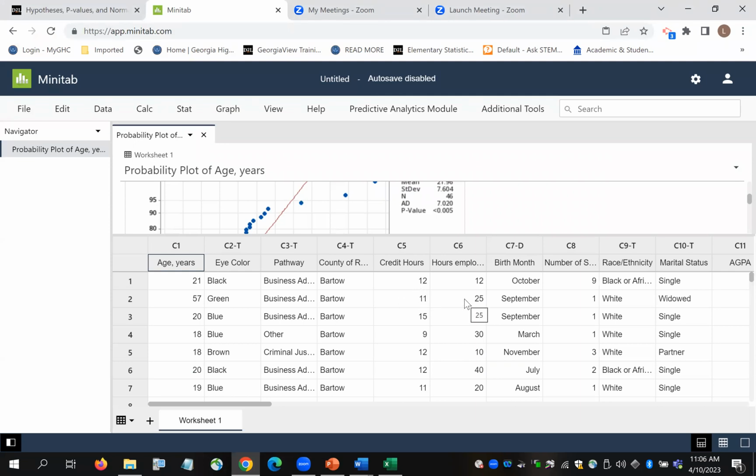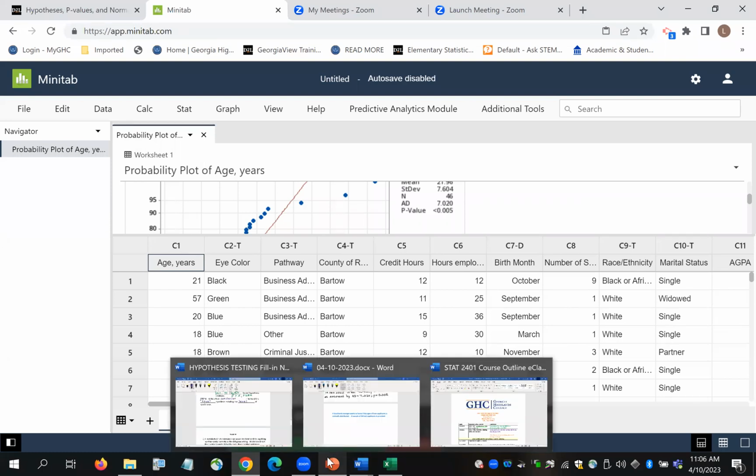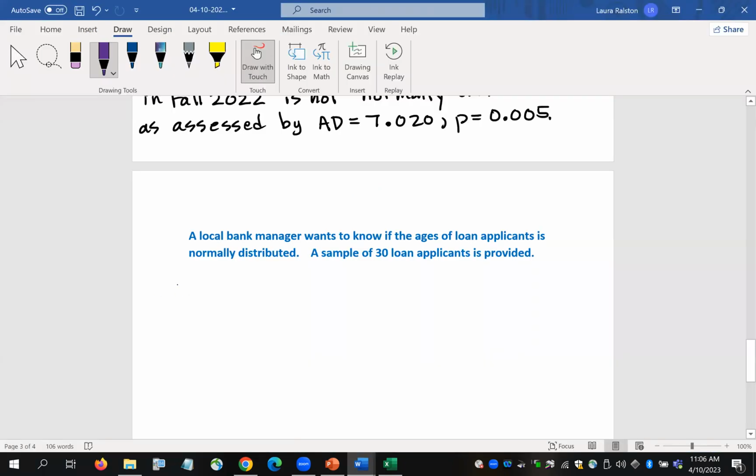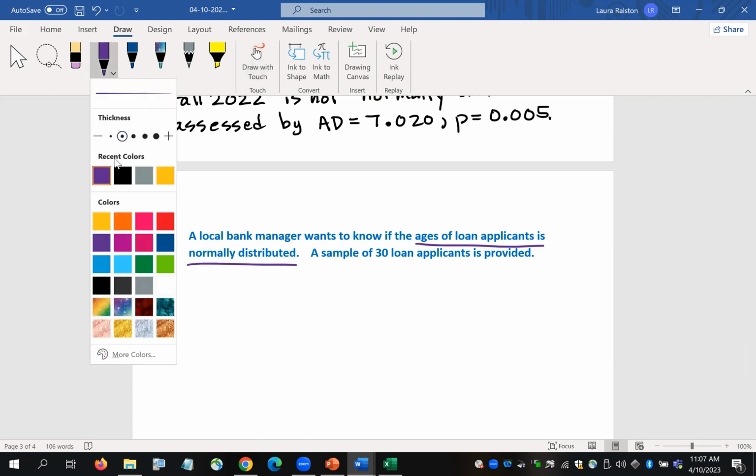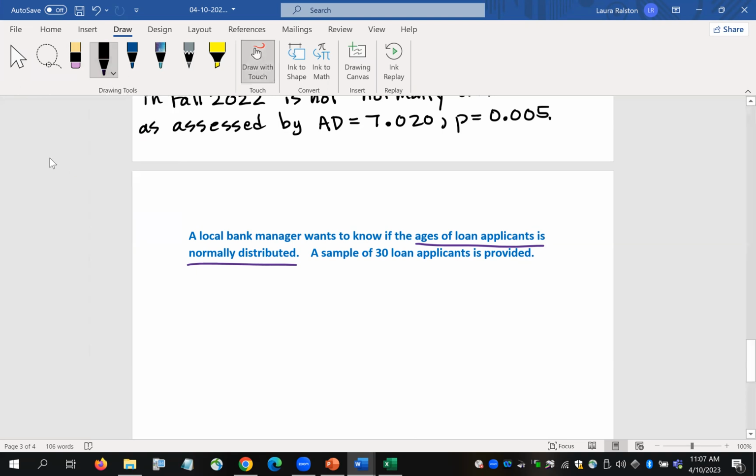Are the hours employed normally distributed? Is the number of siblings normally distributed? I can do any variable, but it is a quantitative variable. All right, so again, this question, they're really asking if the ages of loan applicants is normally distributed. So that phrase is what triggers in my mind that I need to do a test for normality.